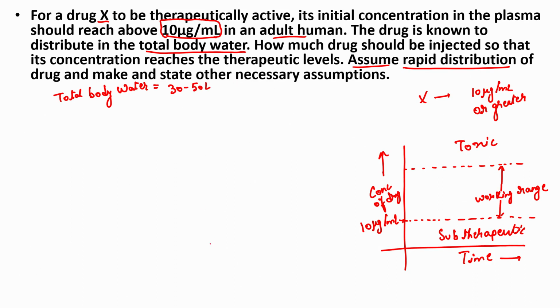So, let us take an example of 30 liters, and then we know that VD, the volume of distribution, is the amount of the drug in the body, so basically how much you are injecting, divided by the concentration in the plasma.